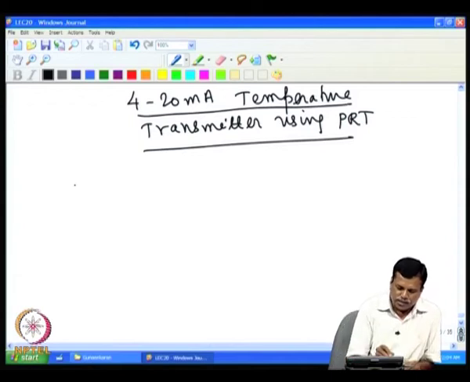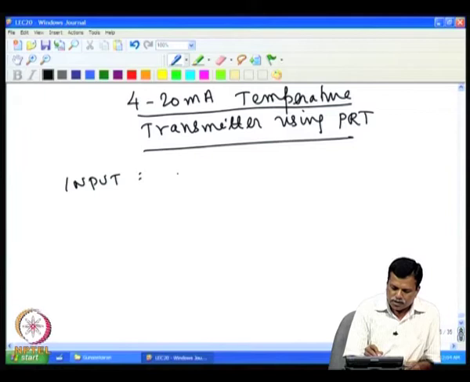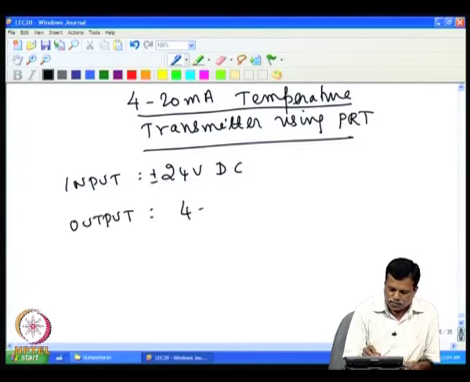In this, the input is 24 volt DC, a 2 wire system, 24 volt DC. The output is 4-20 milliampere current.